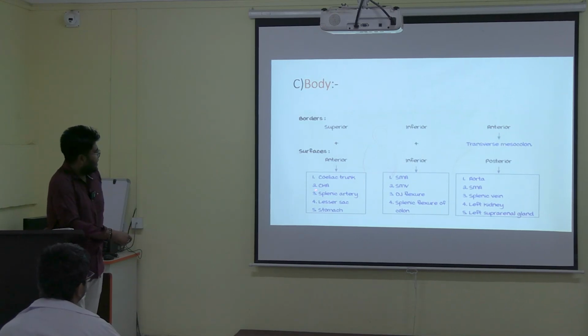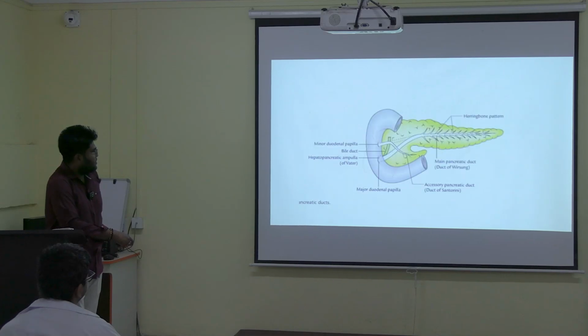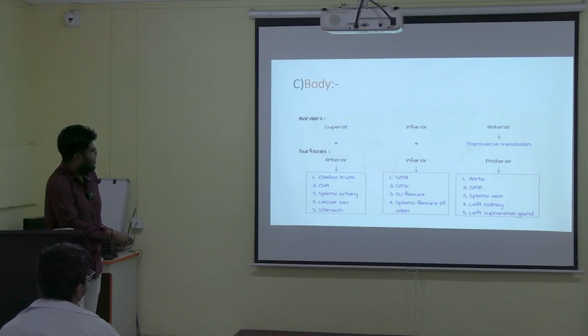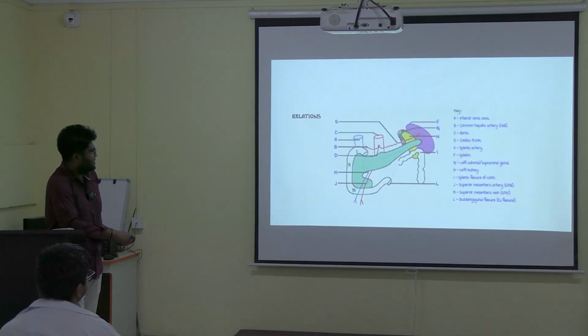Here the common hepatic artery is coming from the celiac trunk only. Next the splenic artery and the lesser sac of the stomach. Similarly the inferior border and inferior surface: inferiorly the duodenojejunal flexure. This is called the duodenojejunal flexure.